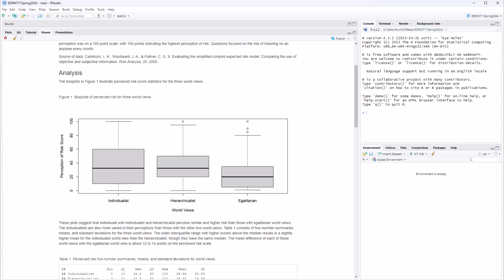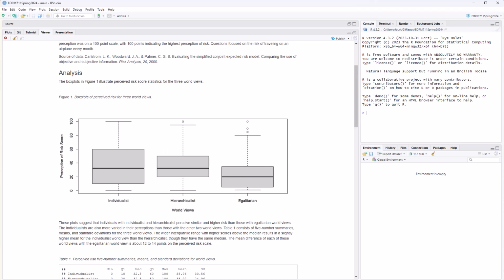So everyone that went into making up this first box plot here of individualist was not in the other 2 categories. They were only categorized as individualist. Similarly, everyone in hierarchicalist is only in hierarchicalist, and everyone in egalitarian is only in egalitarian.